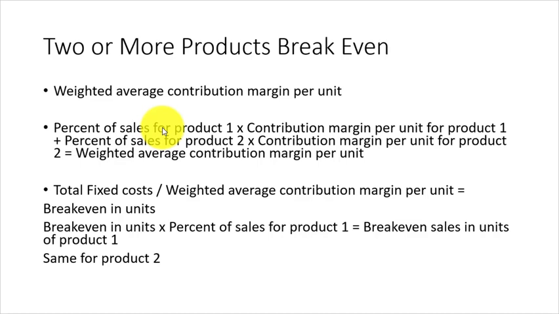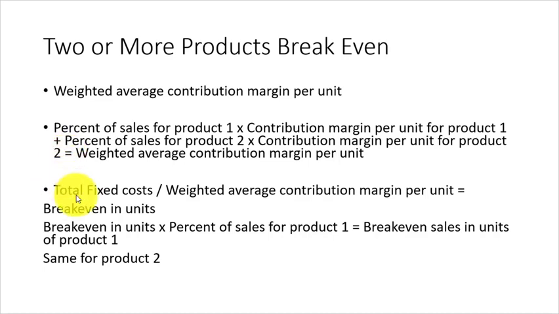So if you sell product 1 40%, product 2 60%, you take the 40% for product 1 multiplied by the contribution margin per unit for that product, and then take the percent of sales, 60% in our example, times the contribution margin per unit for that product, and then add them together. Notice the plus sign. That's going to equal your weighted average contribution margin per unit.